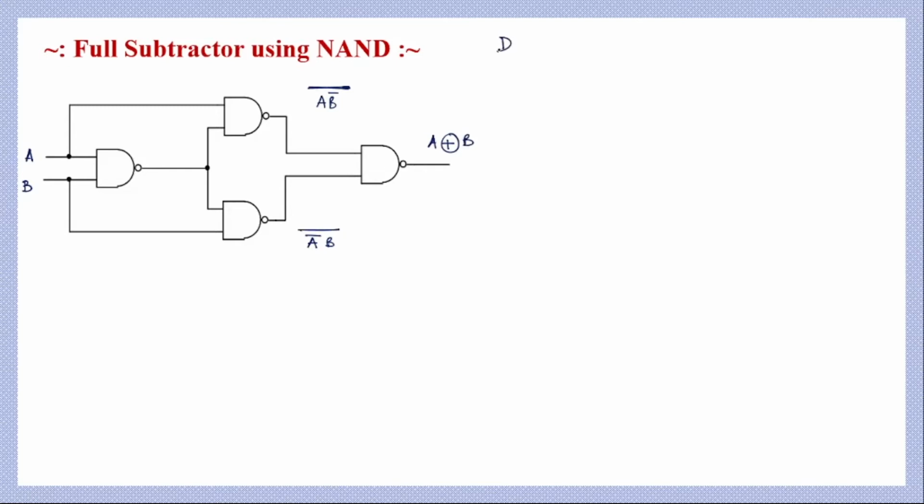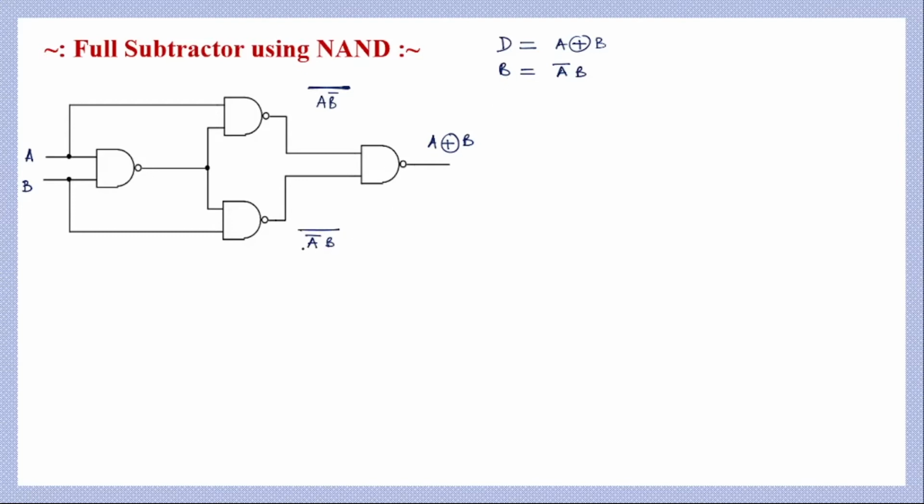And what is the difference for a half subtractor? That is A XOR B if the inputs are A and B, and for borrow, that is A' and B. That means we have already obtained the difference of a half subtractor. Now we have to see how we can obtain the borrow output of a half subtractor.